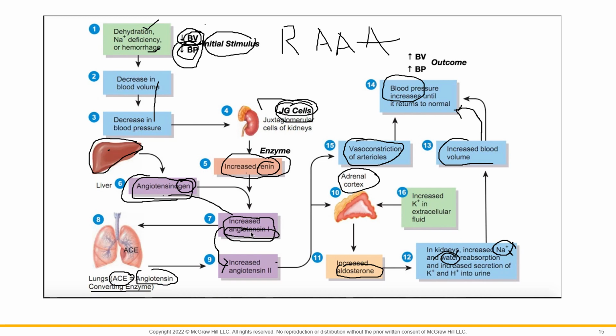So the first R here stands for renin, which is secreted by the kidney itself. Then you have the angiotensinogen, the final form, the angiotensin II, and the aldosterone. So that is the RAA system. And the RAA system is stimulated when your GFR has gone down because of decreased blood volume and decreased blood pressure.